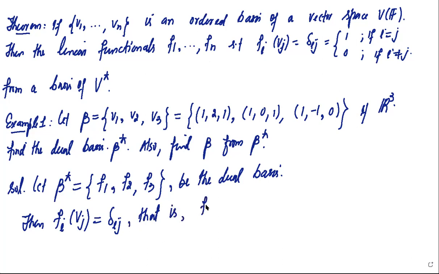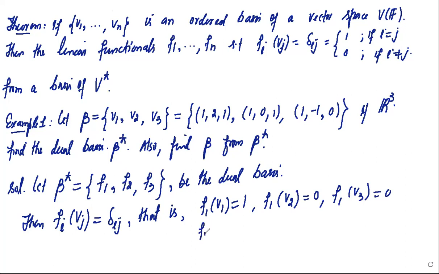We will get f1 of v1 is equal to 1, and f1 of v2 is 0. And similarly, f1 of v3 will be equal to 0. So this is how this linear functional f1 can be obtained.